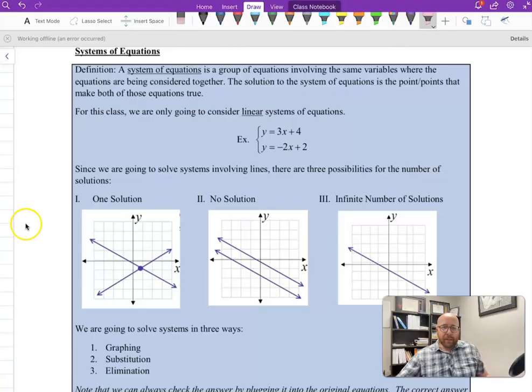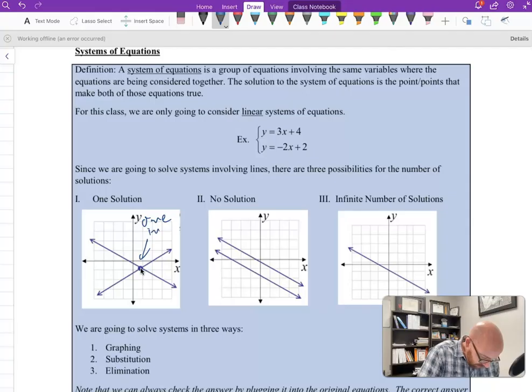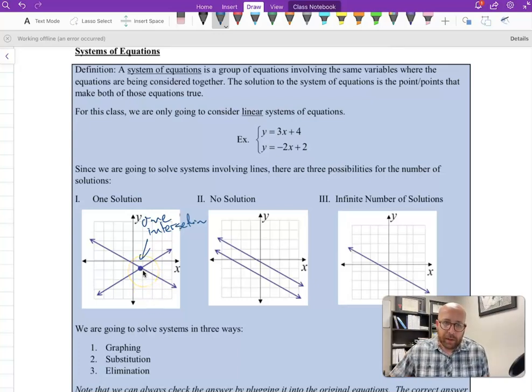If two lines on the same coordinate plane intersect at one location, this is one intersection. These two lines intersect at one point. This point is going to represent the solution to the system.